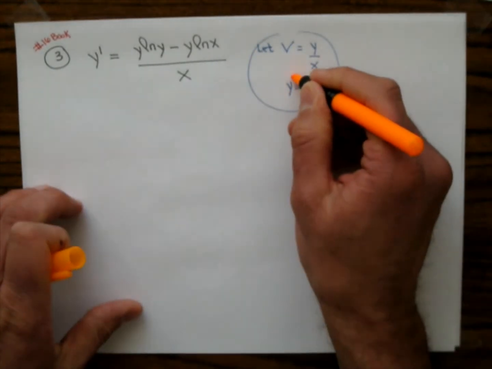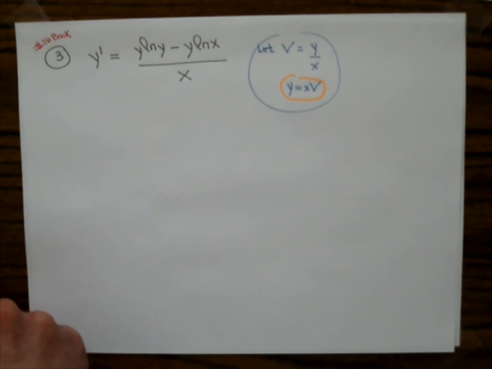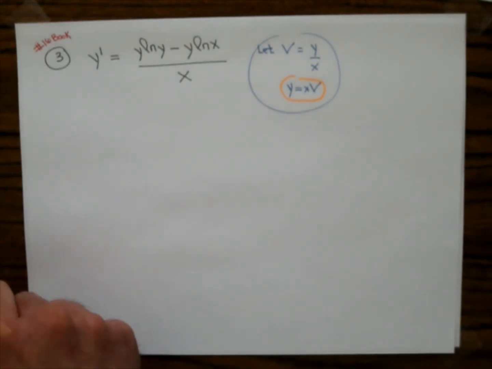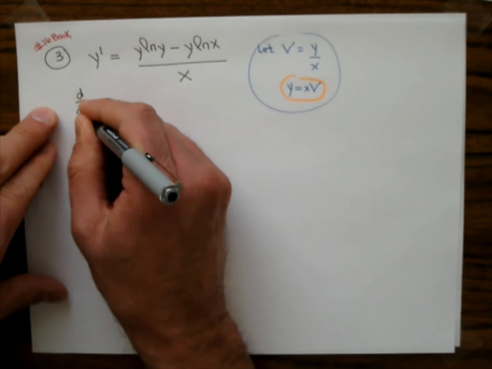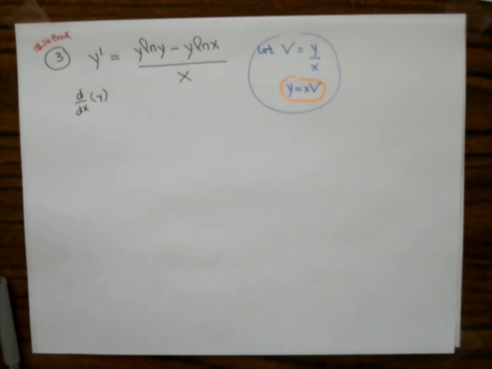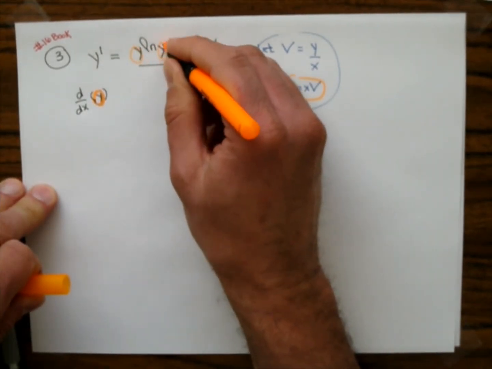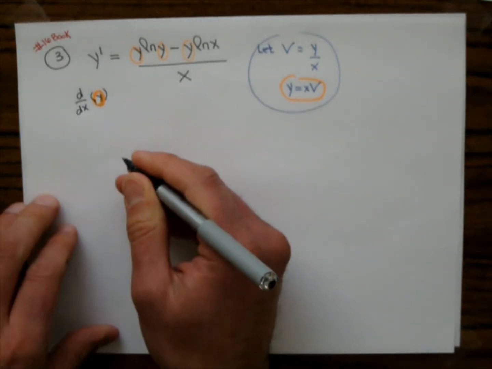Everywhere there is a y, I'm going to go ahead and replace that. Now on the right hand side of the equation, as we saw in many of our problems, this guy right here is dv over dx. I'm not going to write out the whole equation again. Let's go ahead and do this problem.